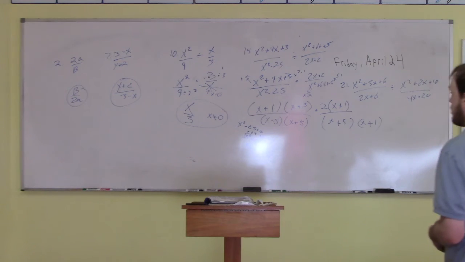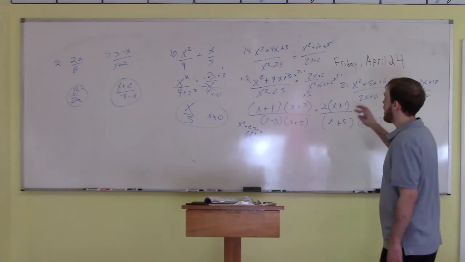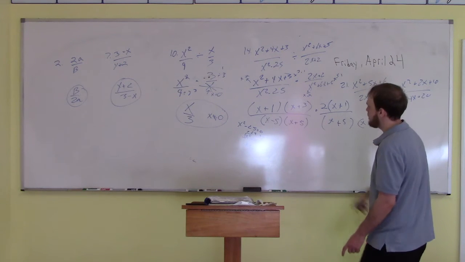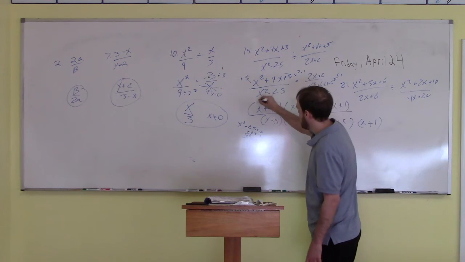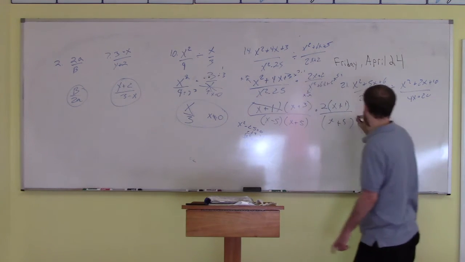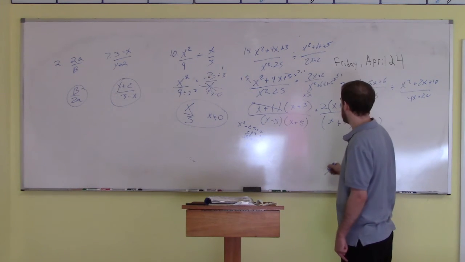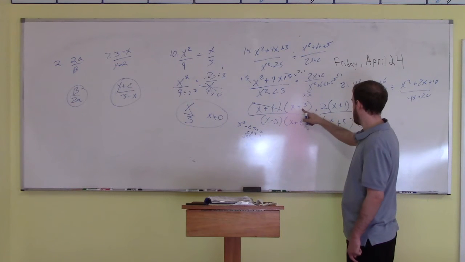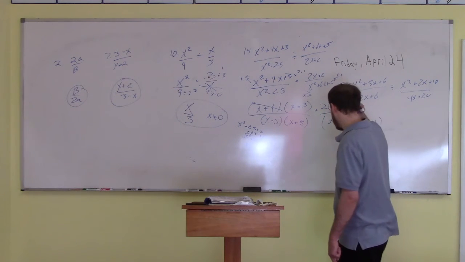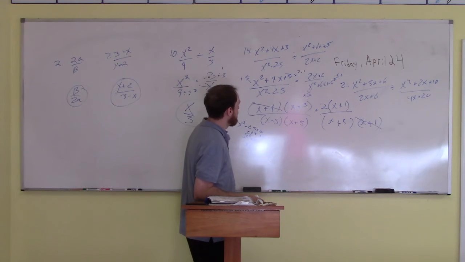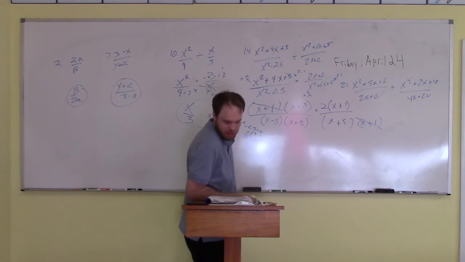Now I can just look at it and say, okay, what cancels? Well, looking at it, I have an x plus 1 here, so I can cancel that with this x plus 1. I have an x plus 1, x plus 3 doesn't cancel. I don't see anything else that cancels.